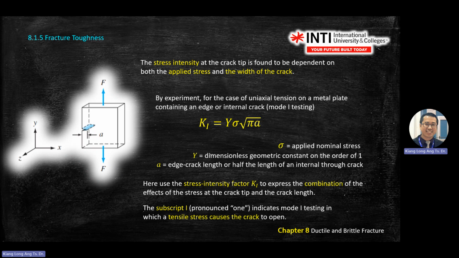So given to you by stress concentration, K mode 1 equals Y sigma square root of pi A. Y is a constant. Usually if Y is not given, in your answer you just write assume Y equal 1. If the question doesn't give you Y, in your answer you automatically write assume Y equal 1. You get 1 mark for this, for assuming.